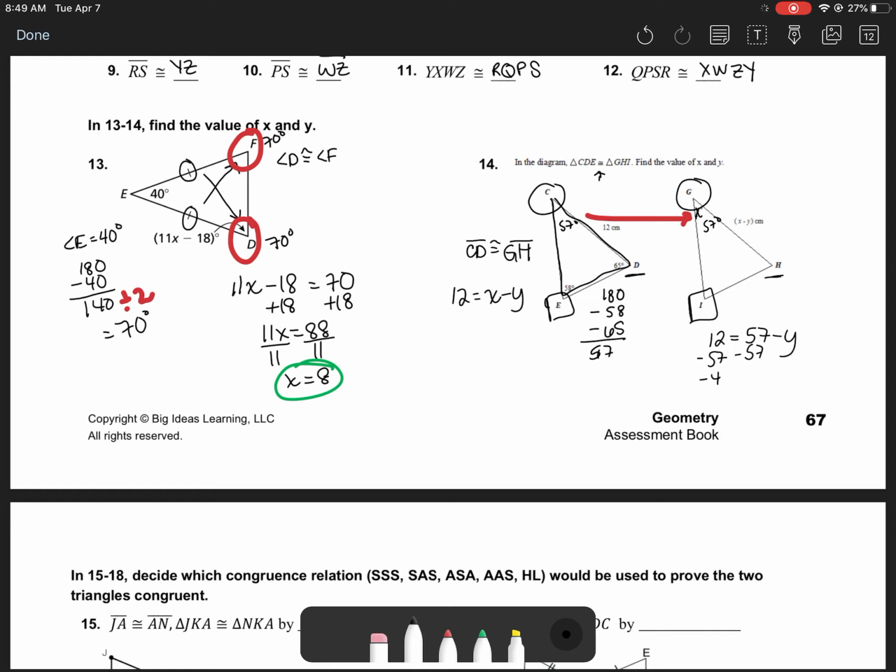And I get negative 45 equals negative Y. Divide by negative 1. So Y equals 45. That is part of my answer. I did want to find X as well, and I did do it, but I should make sure I write it out formally. X equals 57.